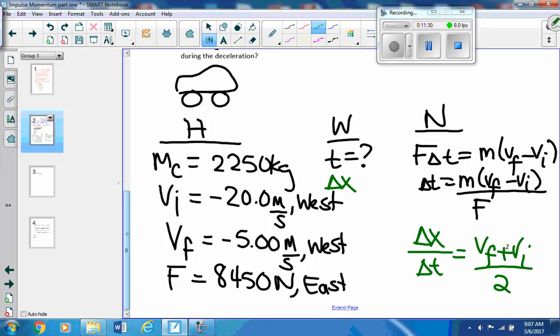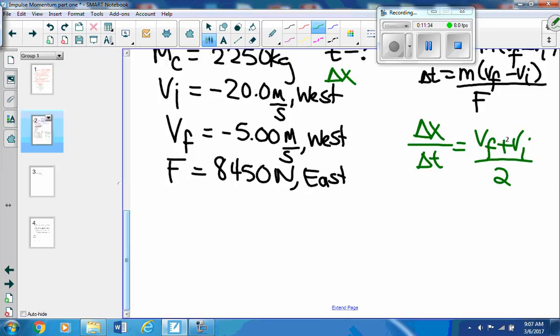It was the average. And so, once I figure out what t is, if I want to rearrange and solve for x, this is going to be vf plus vi over 2 times delta t.